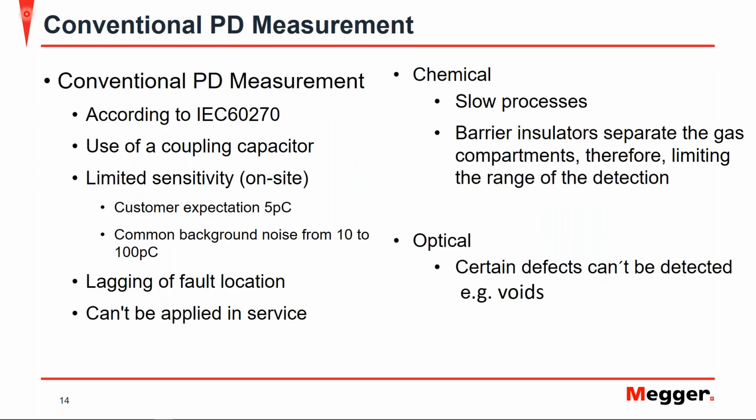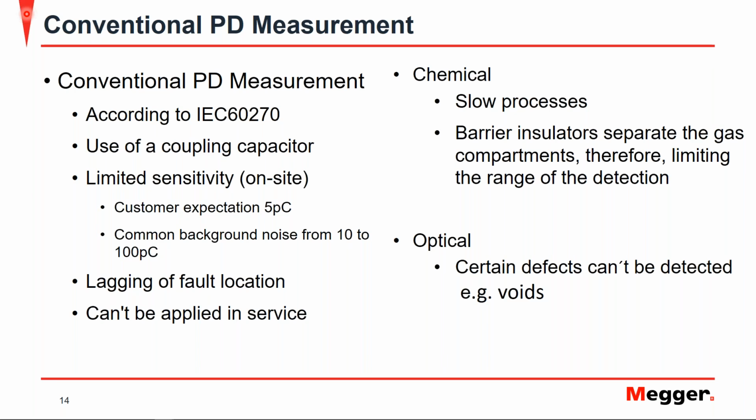Now, just to briefly discuss the conventional PD measurement, it is in accordance with the IEC 60270 standard that I mentioned previously, and it does utilize a coupling capacitor to decouple the discharge that's taking place within a high voltage asset. And therefore you can measure that discharge, or a relative discharge, in picocoulombs.